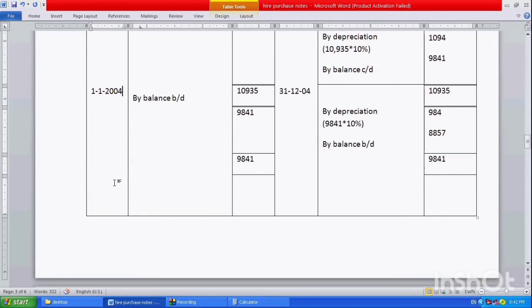9,841. So you can write here for the next year amount available or not. 1st January 2005 to balance brought down. What is the balance? 8,857. So here I'm correcting this. To balance brought down.